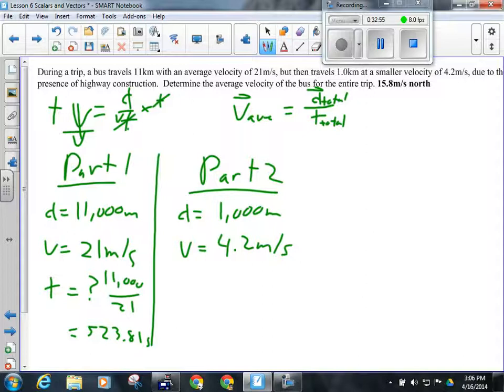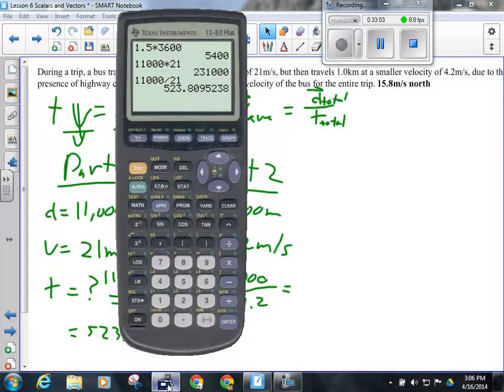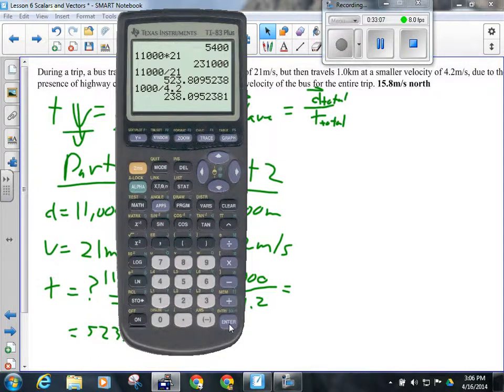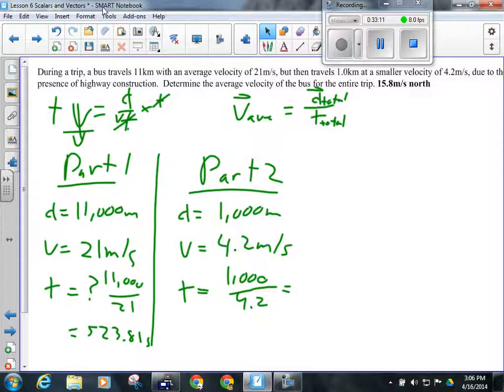That's how long the first part takes. I do the same thing here: T equals D over V, 1,000 divided by 4.2. That part takes 238.1 seconds. Everybody with me so far? All I've done is 2 separate V equals D over T calculations.